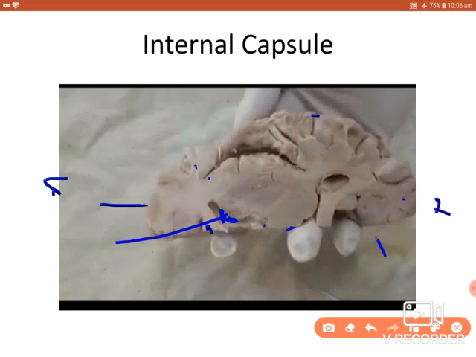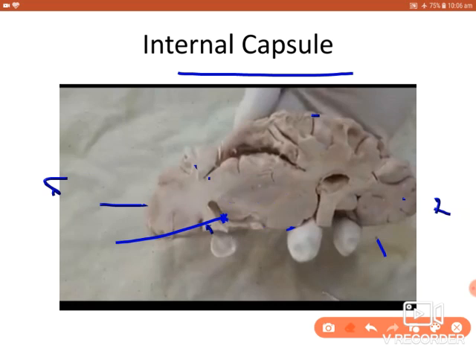These white fibers are the internal capsule. Then lateral to this internal capsule, you can see again there is gray matter. This is the basal nuclei. The gray matter appears darker in color. So again this gray matter is the basal nuclei.